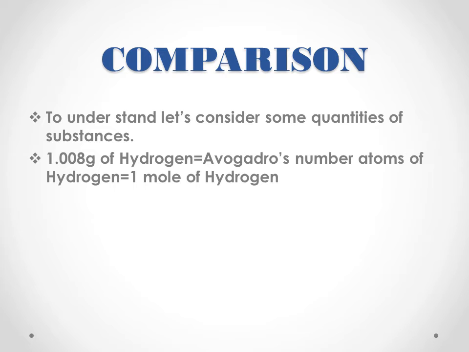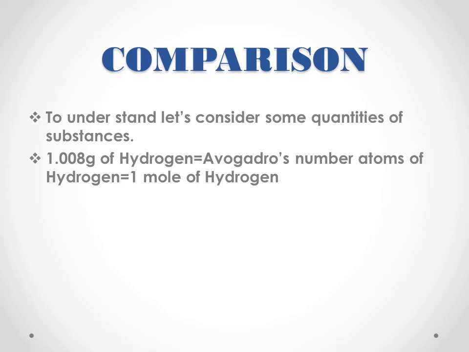It means 1.008 grams of hydrogen is equal to Avogadro's number of units, and the unit is atoms of hydrogen. So 1.008 grams of hydrogen is equal to Avogadro's number of atoms of hydrogen, or we say 1.008 grams of hydrogen is equal to 1 mole of hydrogen.